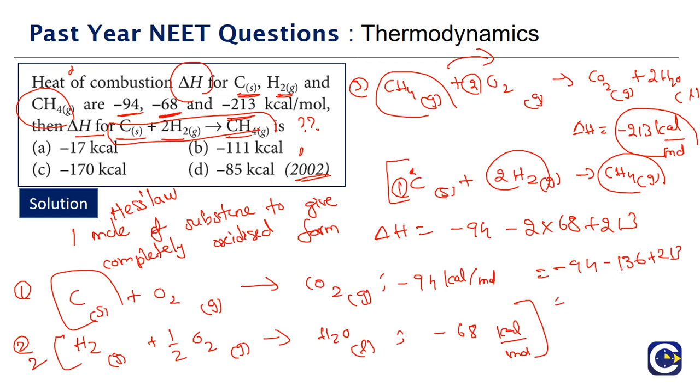Minus 94 minus 136 is minus 230, plus 213, which is minus 17. The unit is kilocalories. So what is the correct answer for this? Option A. Always in Hess law problems, we have to look at how to combine the reactions so that we get the overall equation.